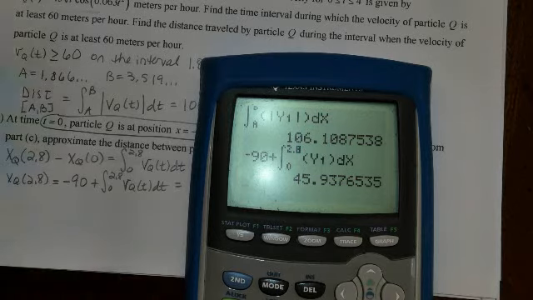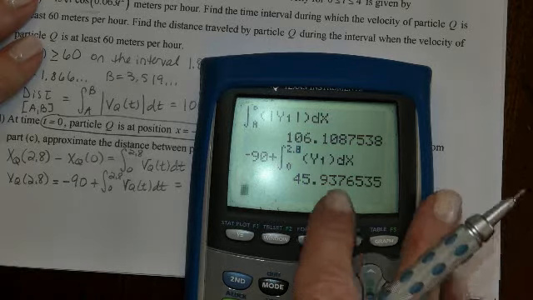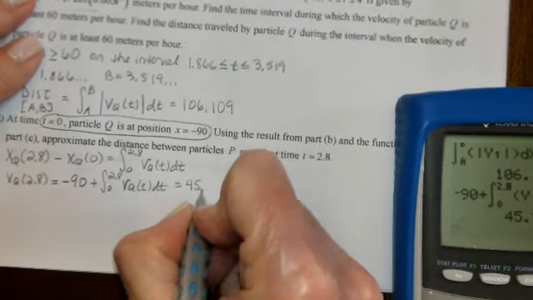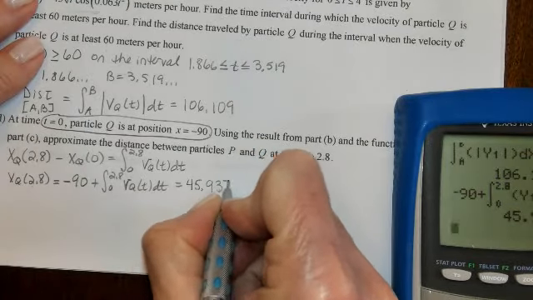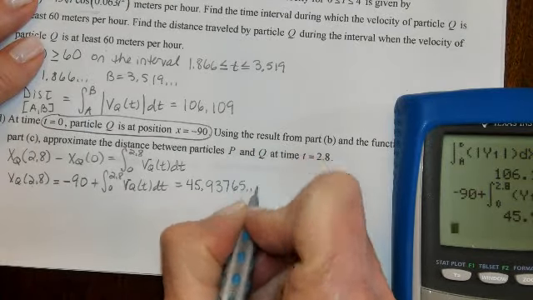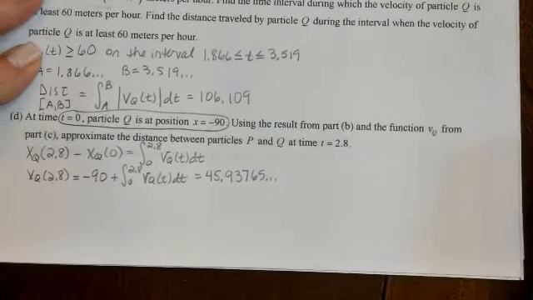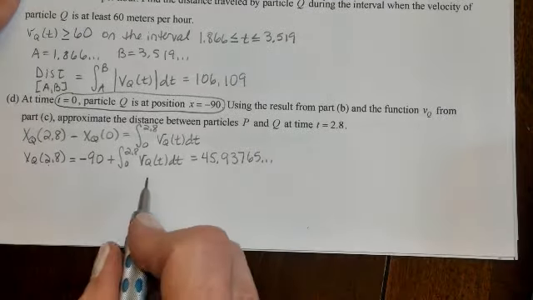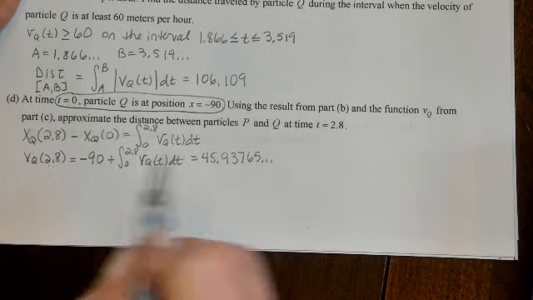And I get 45.938. Since this is not my final answer, I think I'm going to write it like this, because it's not my final answer yet. I don't like to round until my final answer. So that's the position of Q at that time.